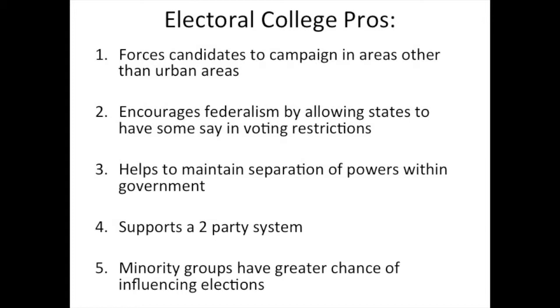This system gives each state free will to design its individual laws with respect to voting, and provides them with the ability to make amendments to these laws. Of course, these are subject to the main federal laws that you have to be 18 years and older to vote, and you have to be a U.S. citizen.